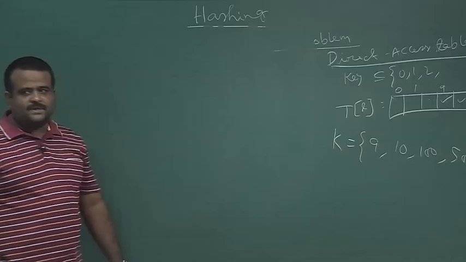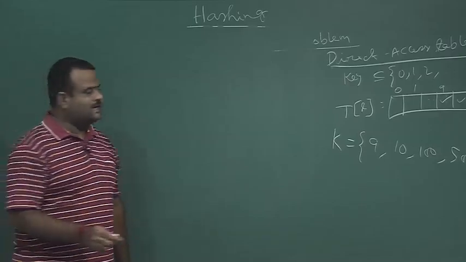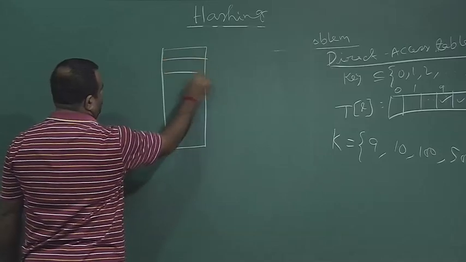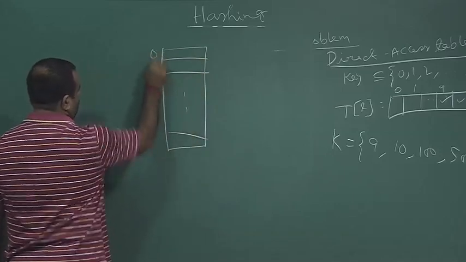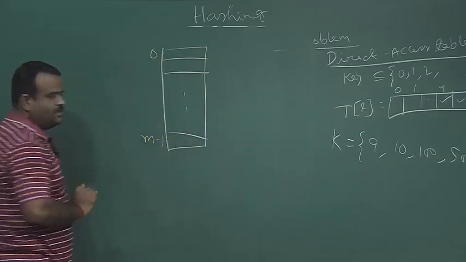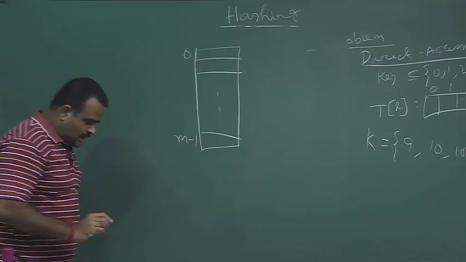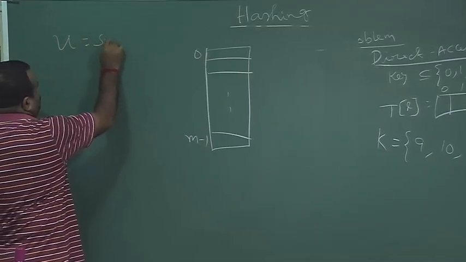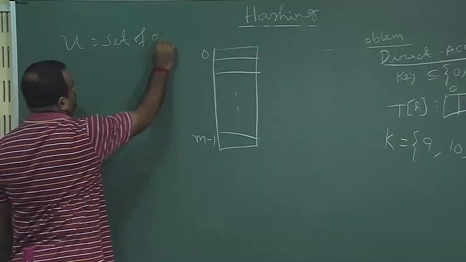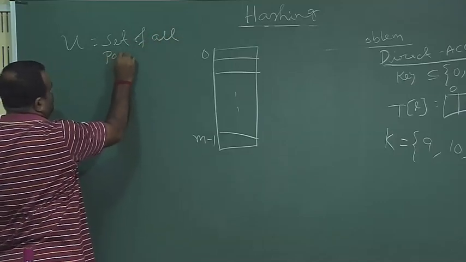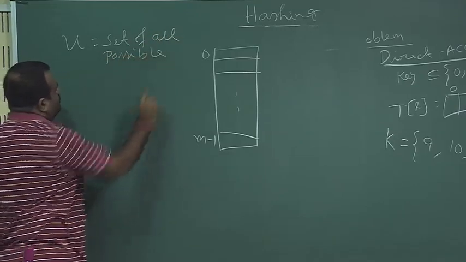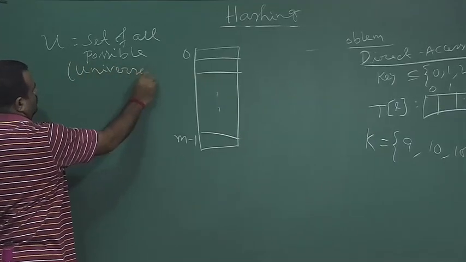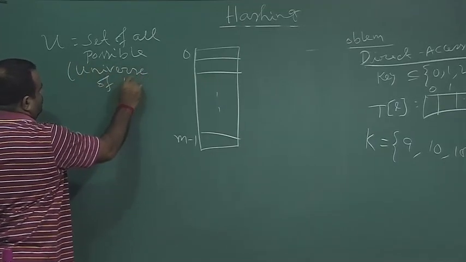In the hash function we fix the table size. Suppose we fix the table size from 0 to m minus 1. There are m slots in the table, and suppose U is the set of all possible keys, the universe of keys.